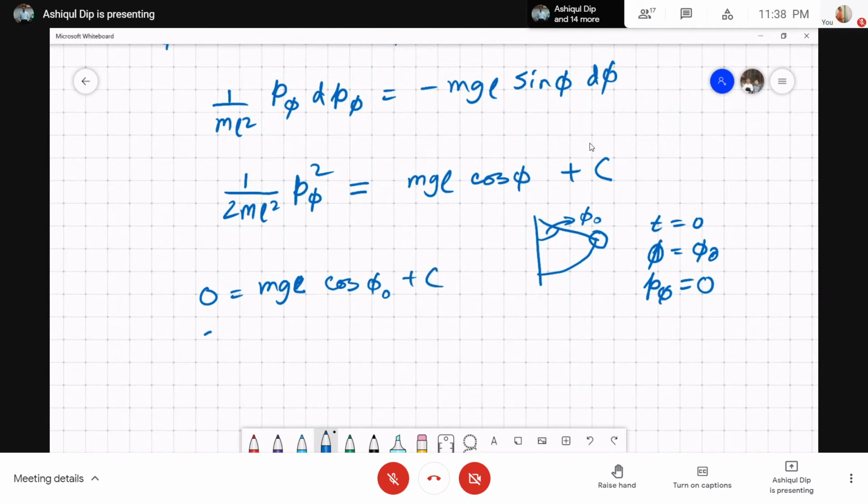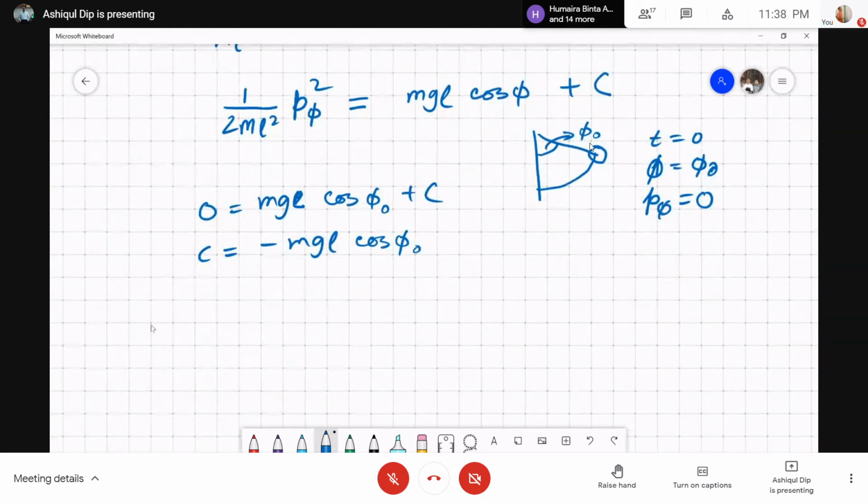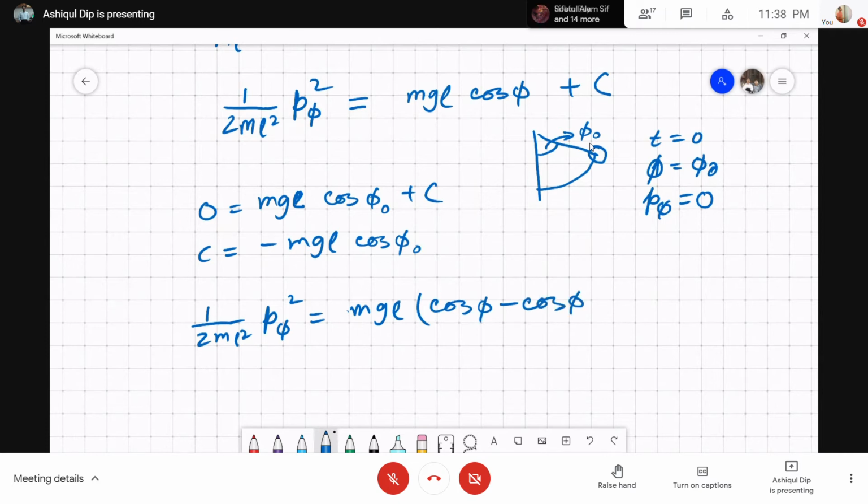So c equals negative mgl cosine phi naught. We can substitute it back and get 1 over twice ml squared p phi squared equals, let's factor out mgl, mgl times cosine phi minus cosine phi naught.